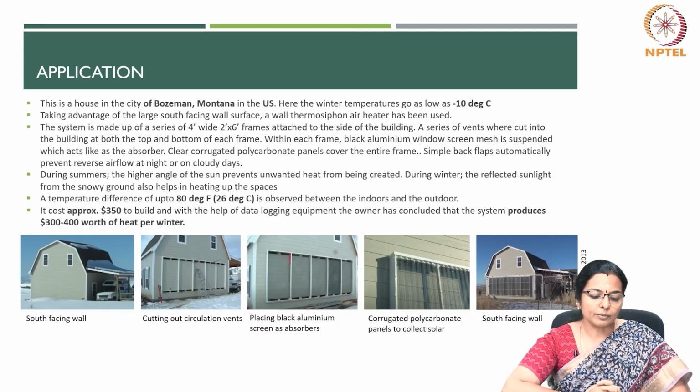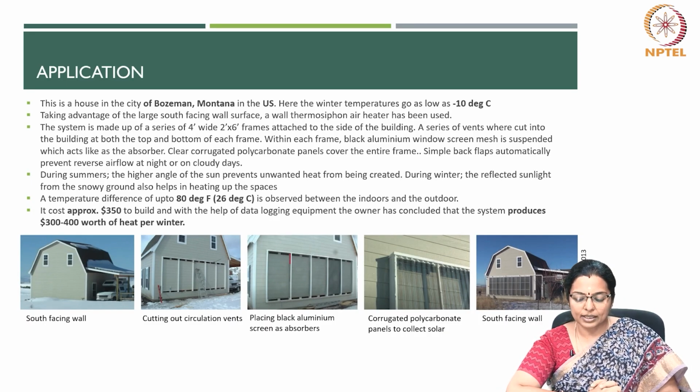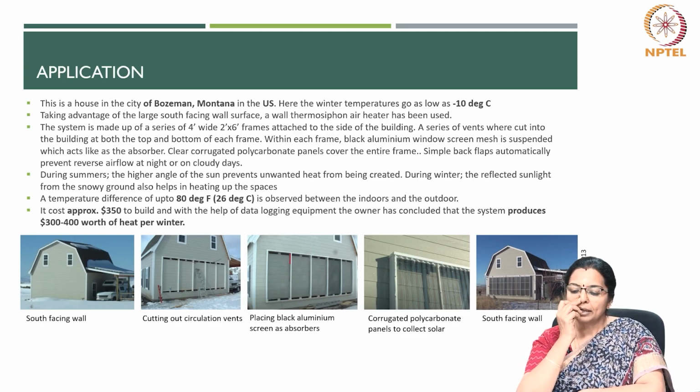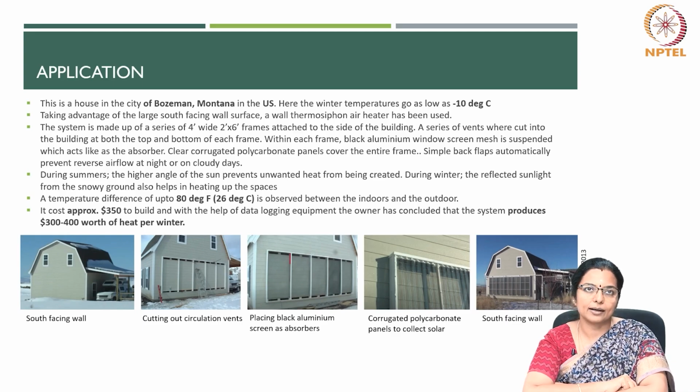Another application is the house in the city of Bozeman, Montana in the US. Here, the winter temperature can go as low as -10 degrees centigrade. Taking advantage of the large south-facing walls, a wall thermosiphon air heater has been used.